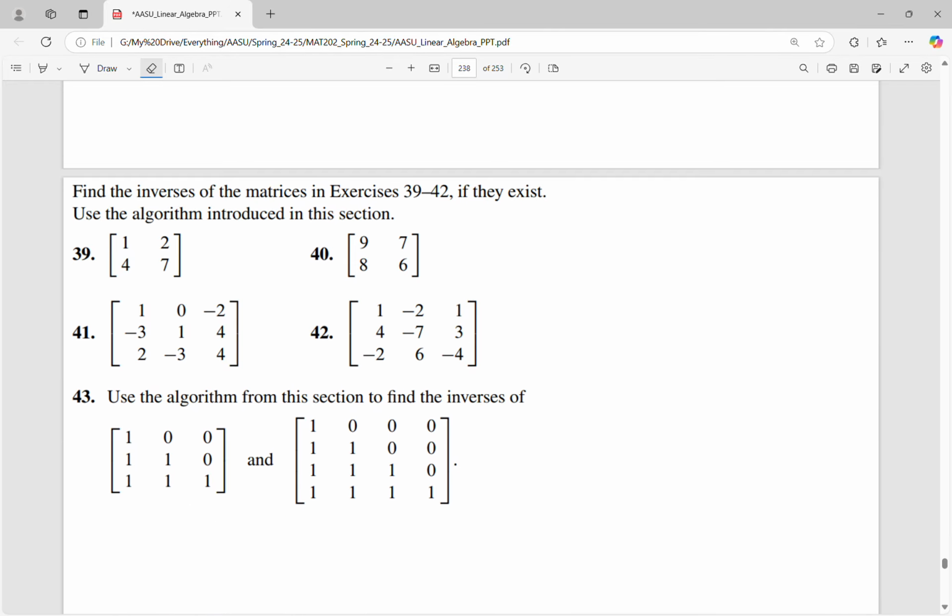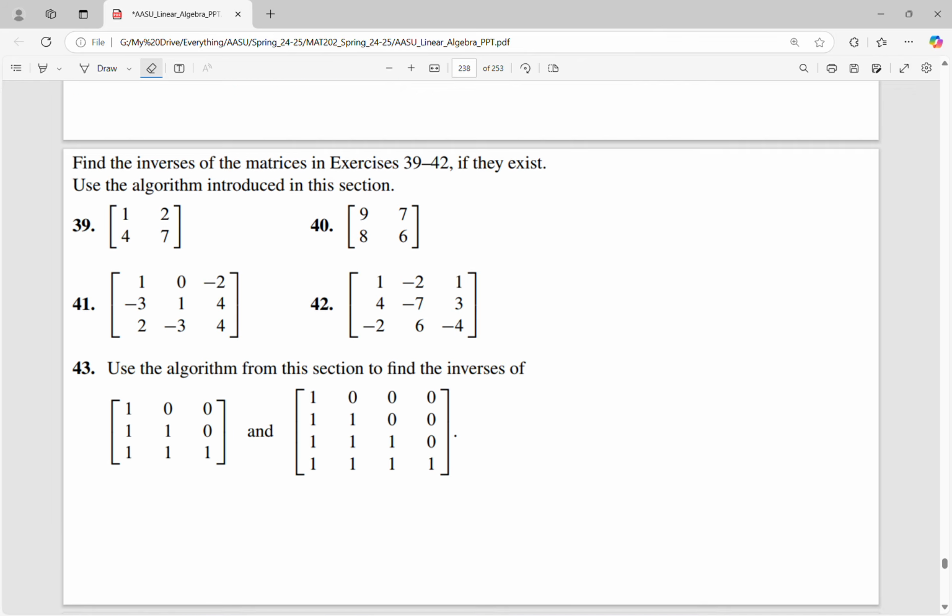Okay, now as a last example for this short video, we want to find the inverse of these matrices. For the 2 by 2 matrices, we have the formula, but we want to use the algorithm. What algorithm? We write the matrix augmented with the identity, and we start the reduction.